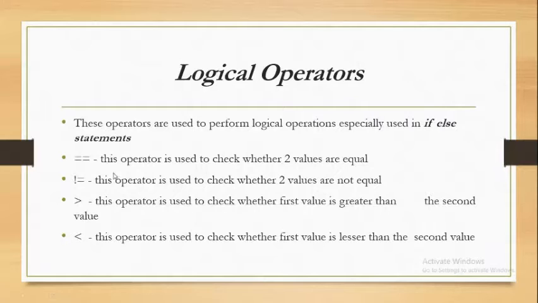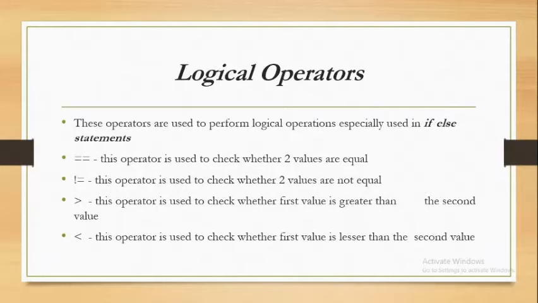Okay. And then this operator is used to check whether two values are not equal. So if you use this operator between I and x, then the compiler checks whether I is not equal to x or not.